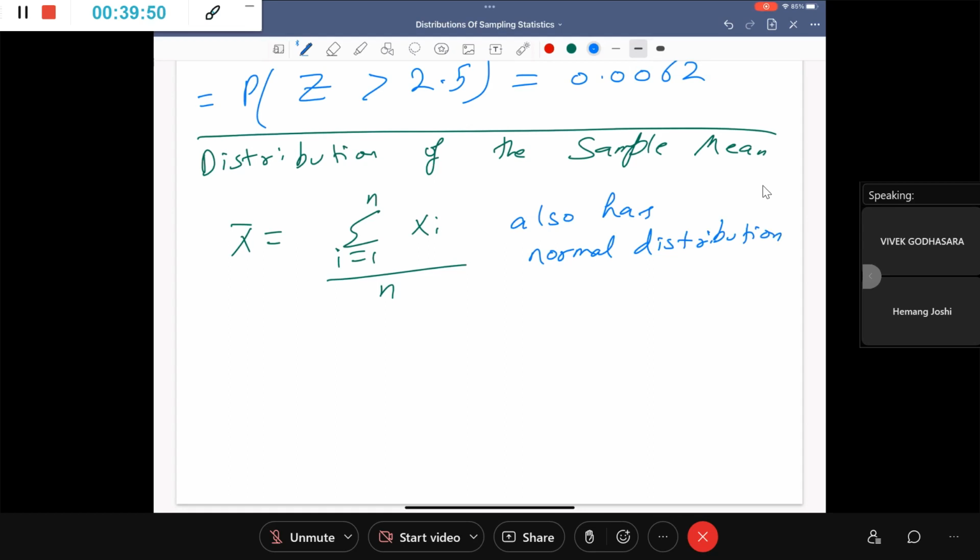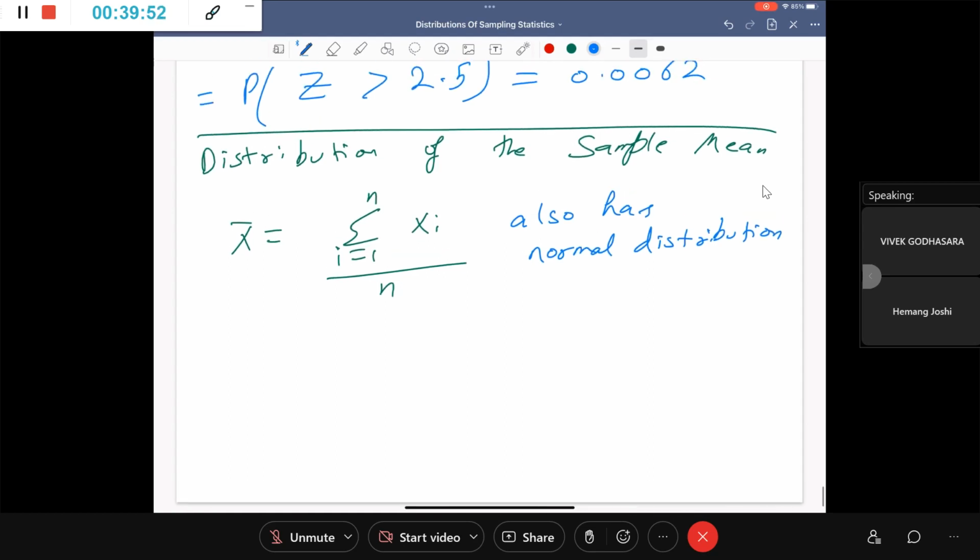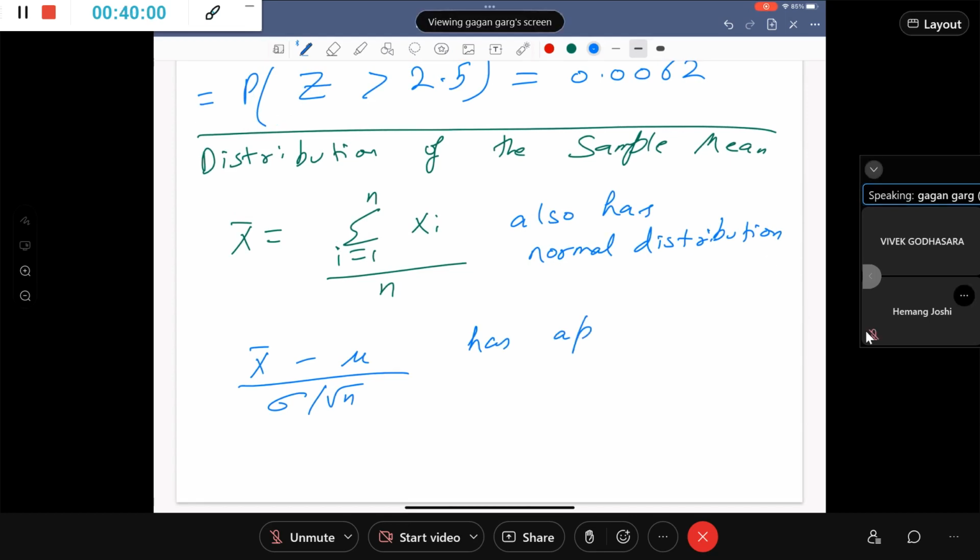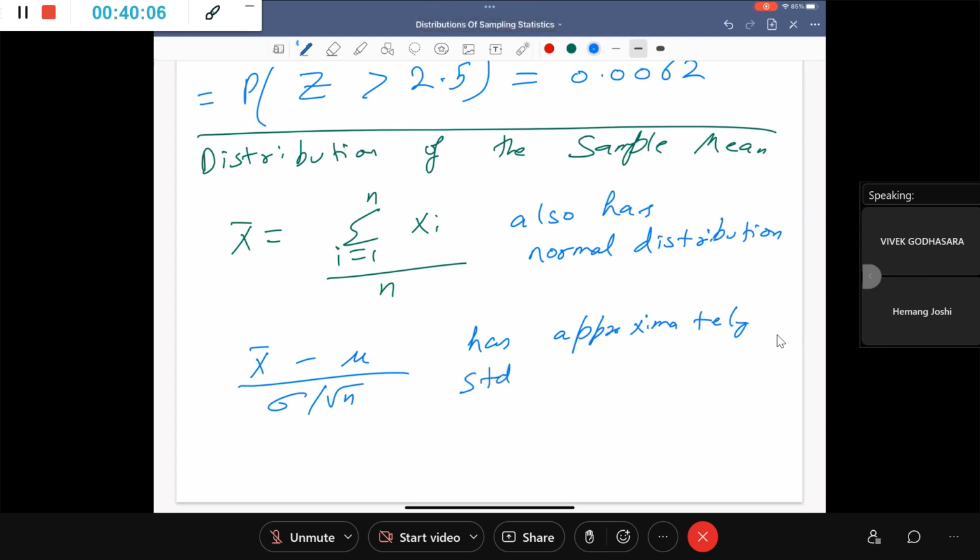Okay, and then taking it further, we can say that (x bar minus mu) by (sigma by root n) has approximately standard normal distribution.